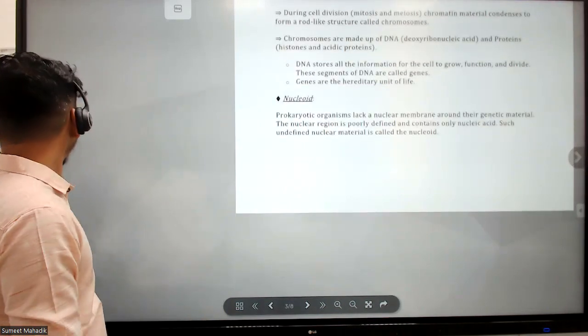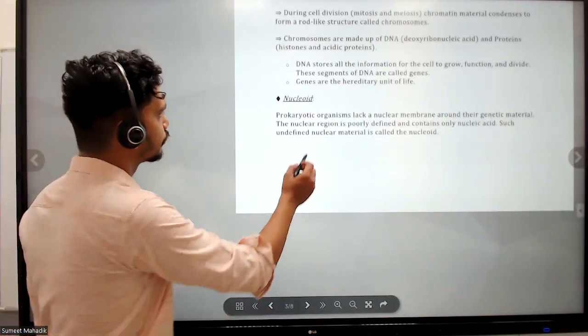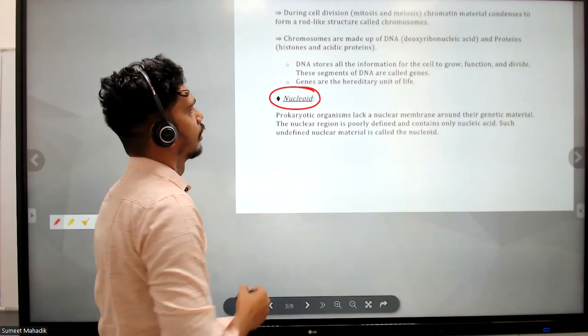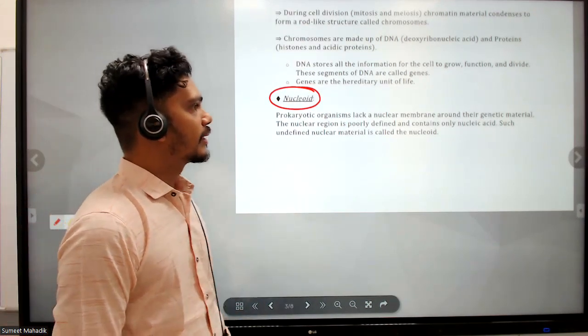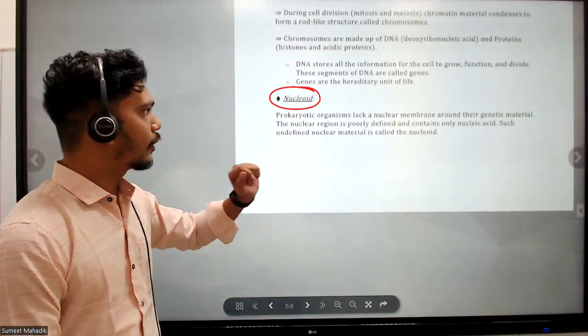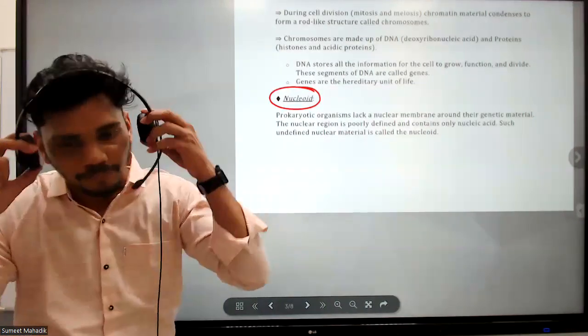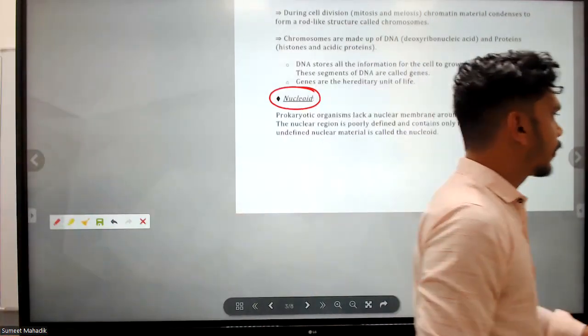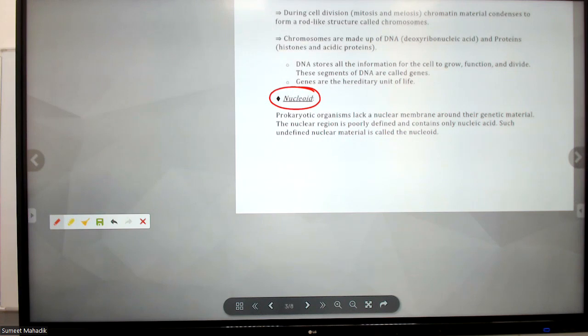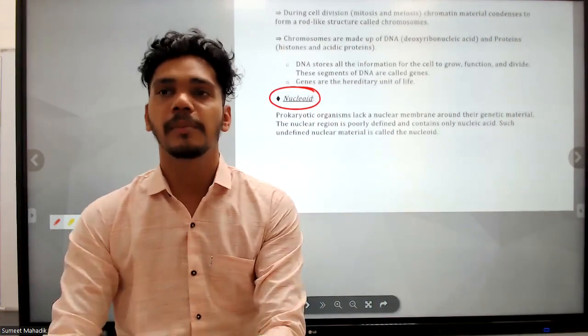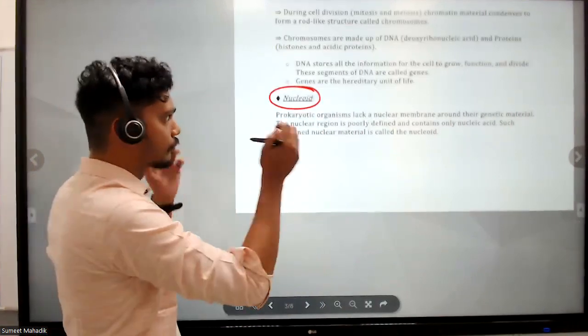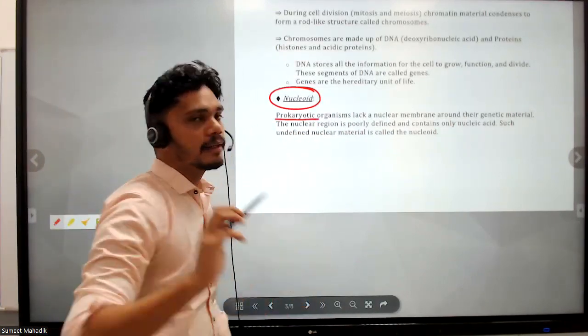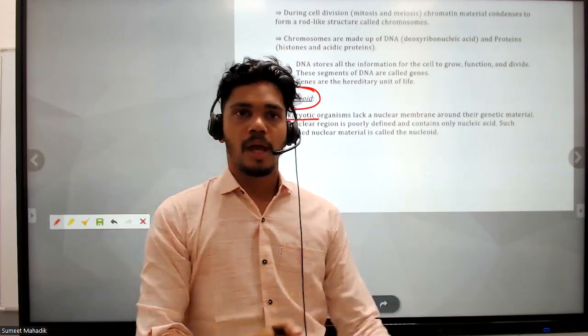Shall I go further? Now we are going to talk about the nucleoid. Prokaryotic organisms lack a nuclear membrane. Now there are eukaryotic and prokaryotic.